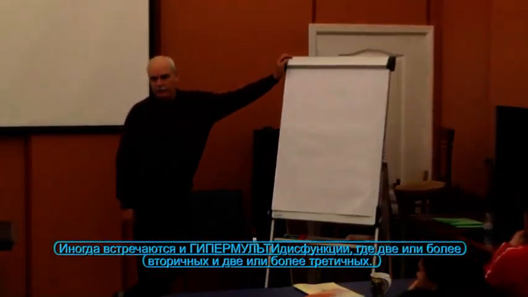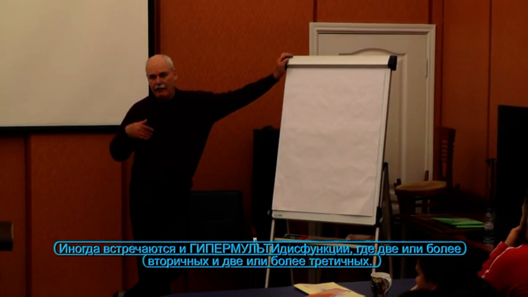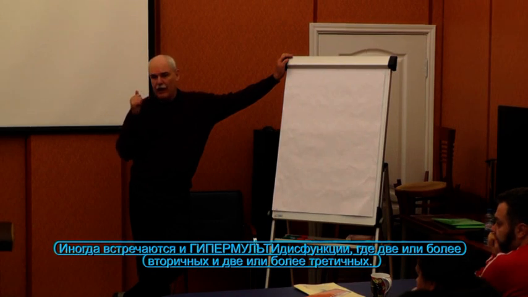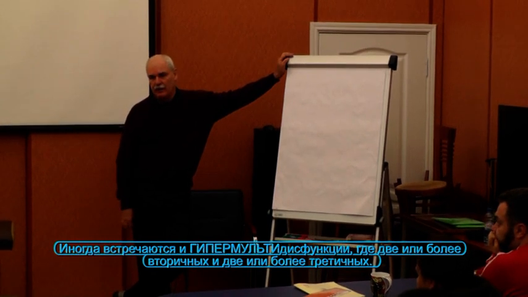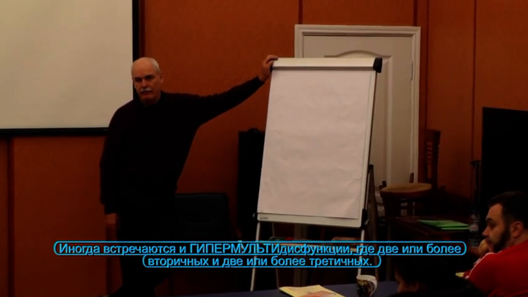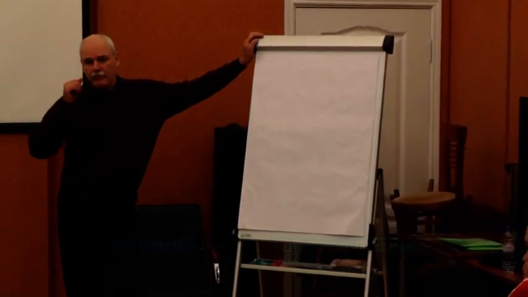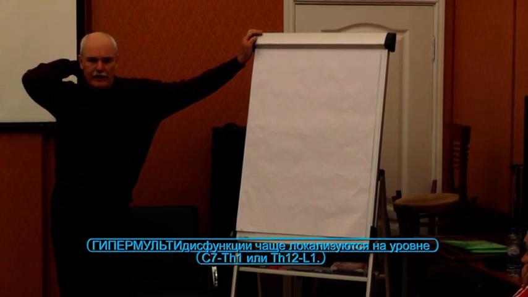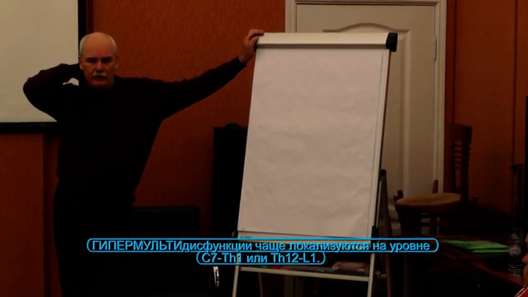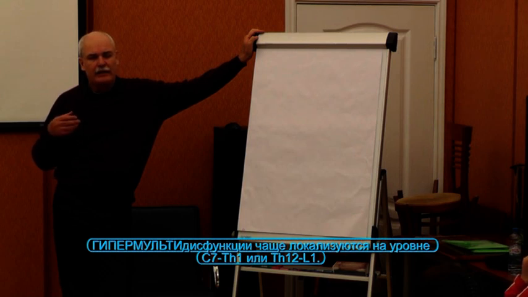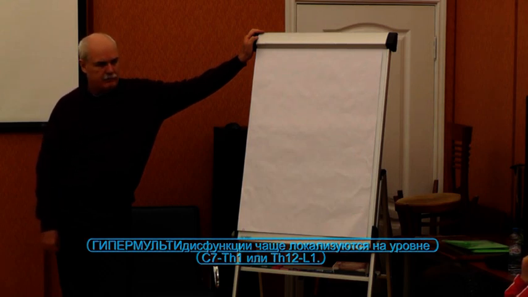In hypermulti dysfunction, you will have one primary and two or more secondaries and two or more tertiaries. The most common areas for hypermulti are located between C7 and T1 or T12 and L1.